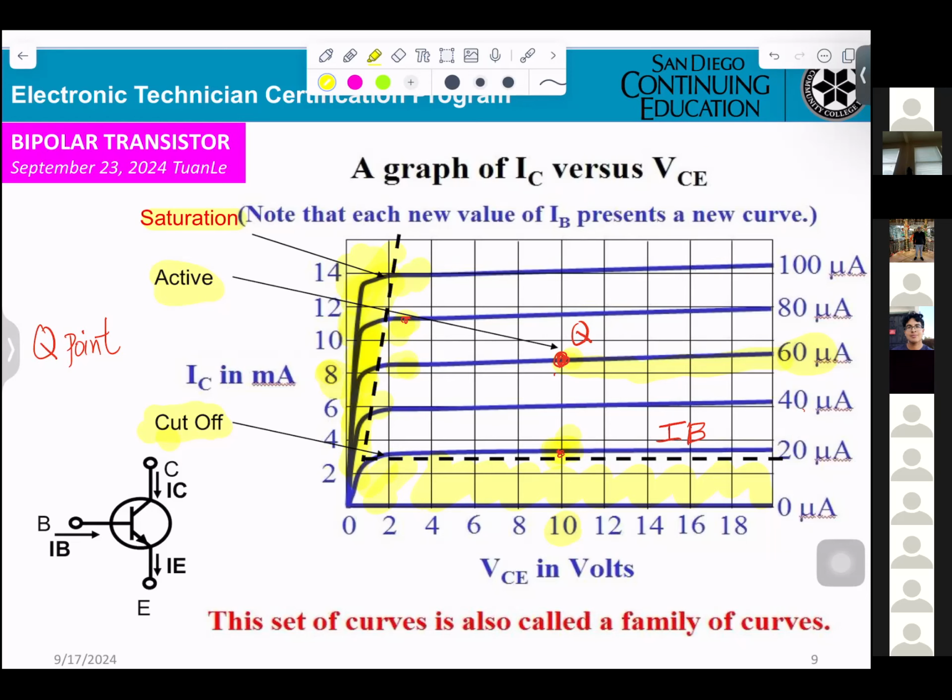Okay? Finally, on this one here, basically the transistor, NPN or PNP, is controlled by the current. It is a current controller.